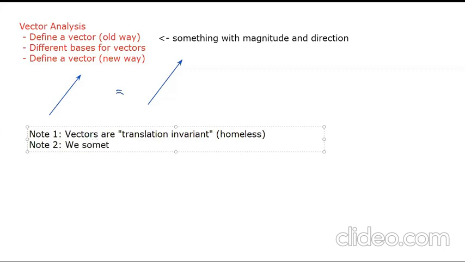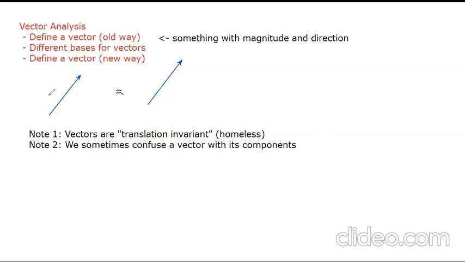The second note is, and hopefully you guys never do this, but sometimes people, it's just so useful to use components that we usually confuse a vector with its components. So we'll just call this vector v, for instance. This is also vector v.